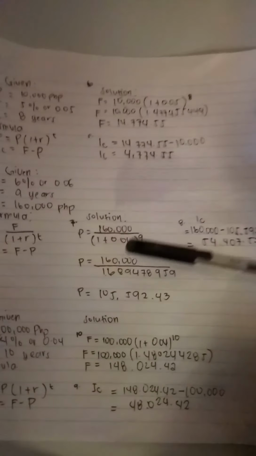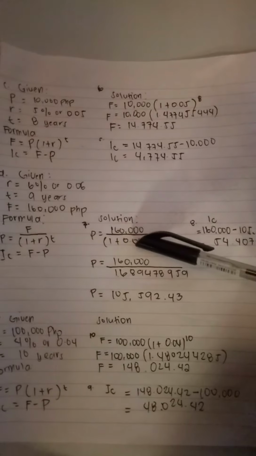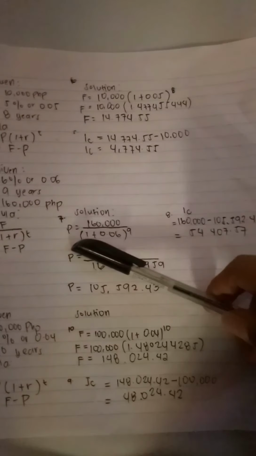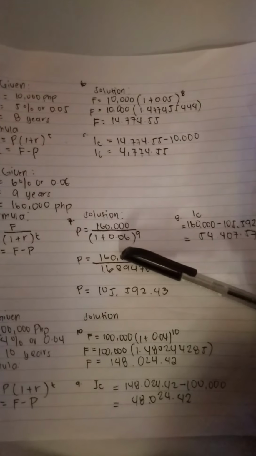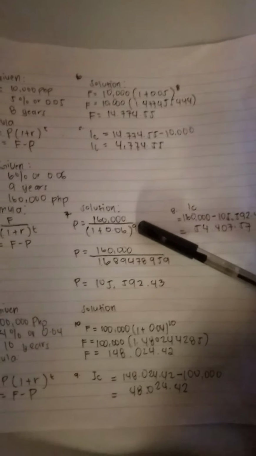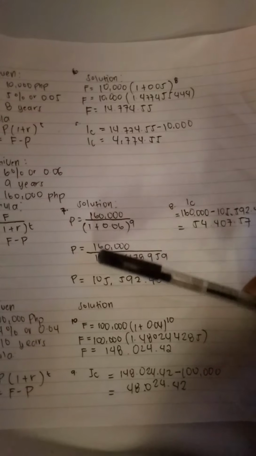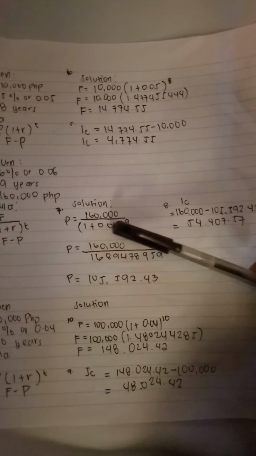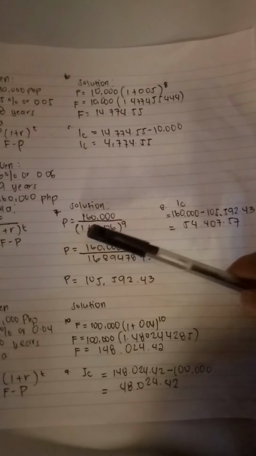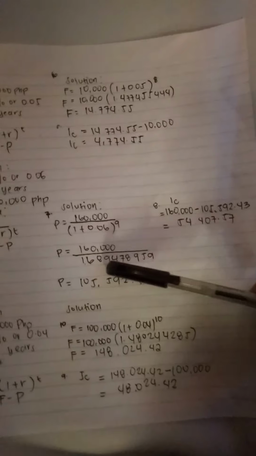For the solution, we have a 160,000 over 1 plus 0.06 over 9. Next naman po is bring down lang po natin 160,000. Ito lang po muna yung isi-solve. Then pagka-solve nyo po, pagka-compute, ito po yung magiging sagot is 1.689478959.